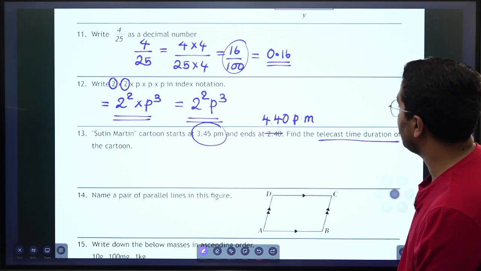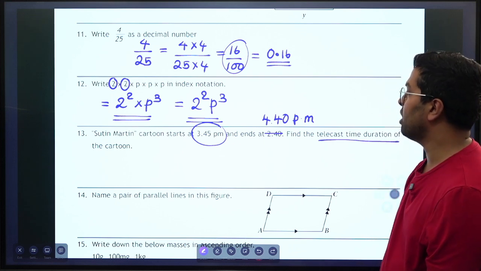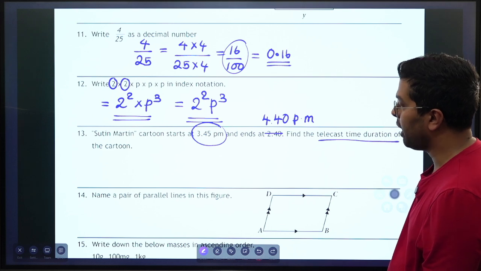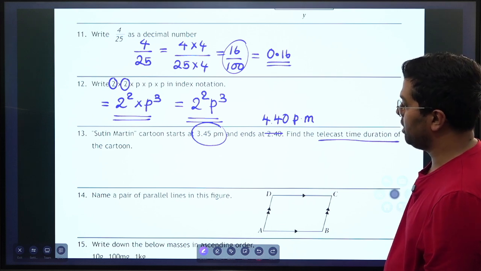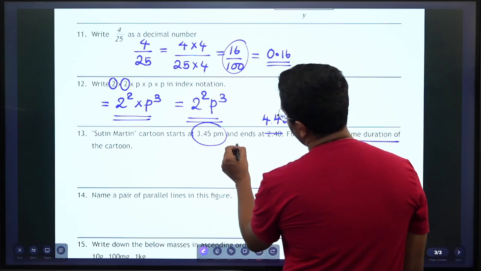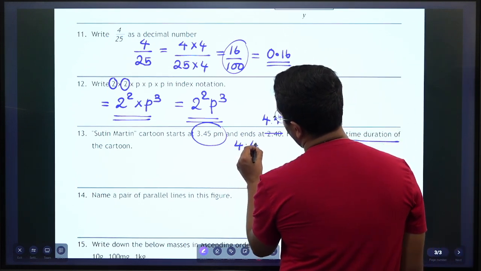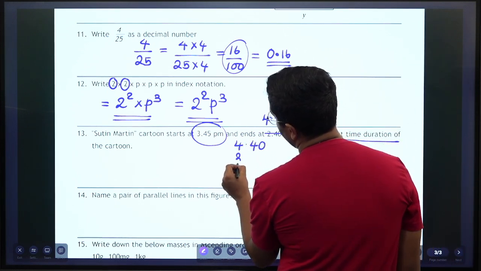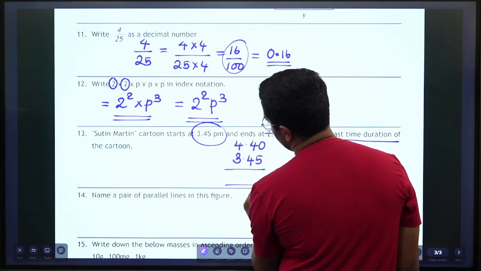So there are two methods to get the answer. The ending time of the cartoon is 4:40. The starting time is 3:45. So we have to take the difference between these two times.